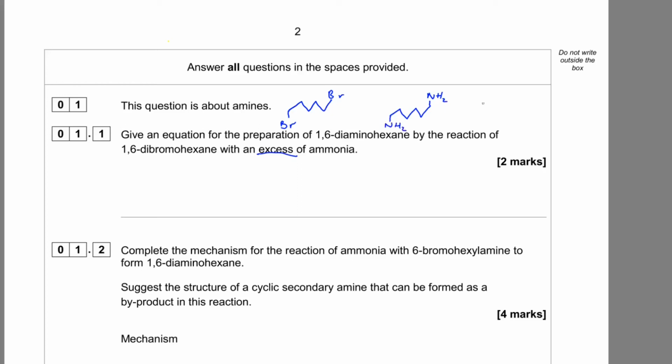So I'm going from here to here, so I'm going to be replacing the bromo, so it's a nucleophilic substitution, and I'm going to be using ammonia. Okay, so we know that because it kind of told us this down here. But we've got an excess of ammonia, so we just need to plan that in.